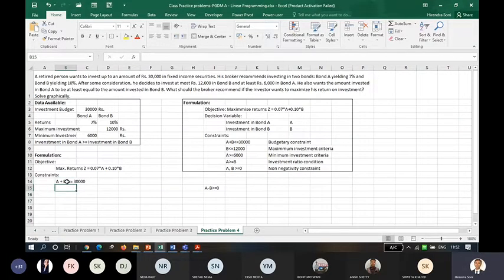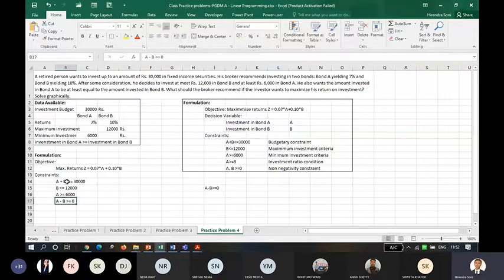Second is B has to be less than or equal to 12,000. A has to be greater than or equal to 6,000. Then this will be written as A minus B greater than or equal to 0.